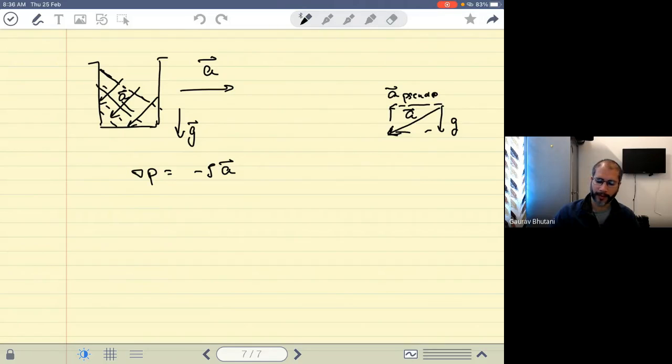So hence the fluid will take this angle. As you increase the acceleration, let's say this jar is sitting in a car and you increase the acceleration of the car, then the angle at which it is slanting will keep becoming steeper and steeper.